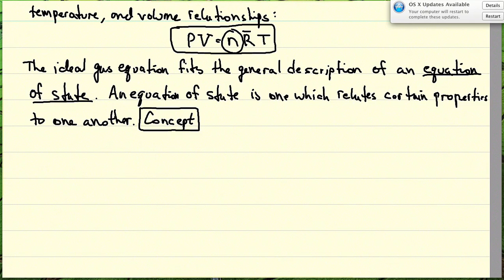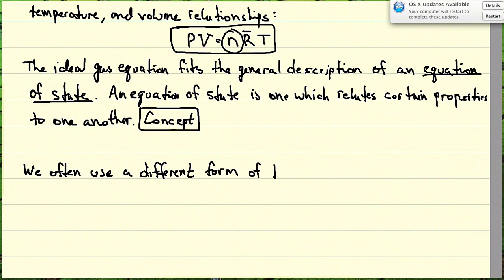Anyway, so we need to rewrite the ideal gas equation in terms of parameters that we do use, which would be mass, okay? So what we do is we use the following form, right? We often use a different form of the ideal gas equation.